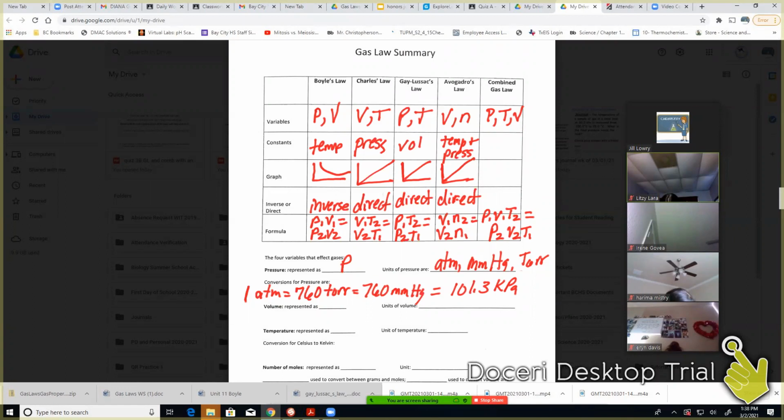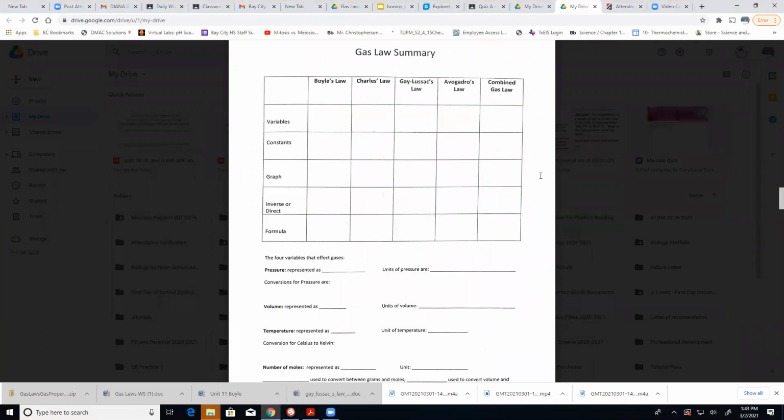Volume is represented by V. Liters are probably the most common unit for gas. Sometimes you may see milliliters, centimeters cubed, or meters cubed. They're all possibilities, but it tends to be liters. All right, move this up a little bit for the last couple of ones.